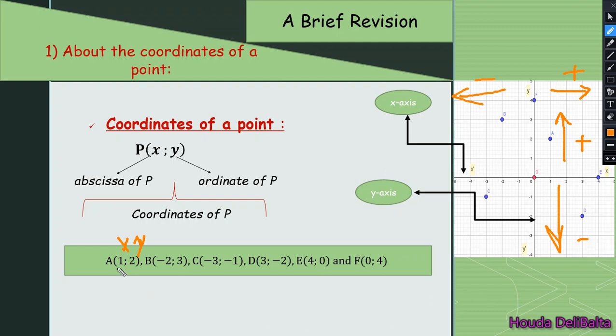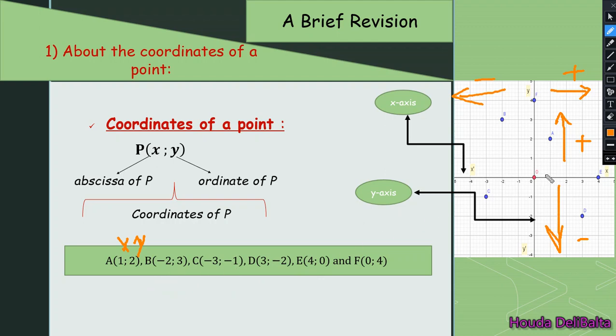Since the abscissa is 1, I start from the origin and move 1 unit to the right because it is positive. Then I move upwards 2 units because the ordinate is also positive. Similarly for the other points, let's continue.